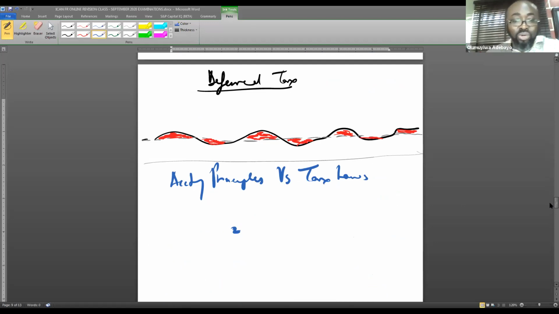Now, what then do? We need to understand and recognize the fact that deferred tax arose from temporary differences.